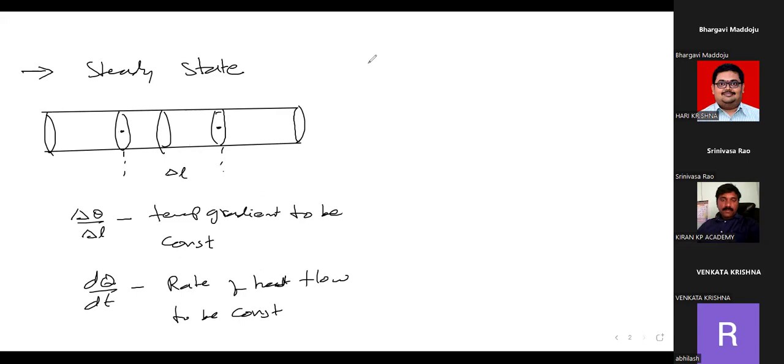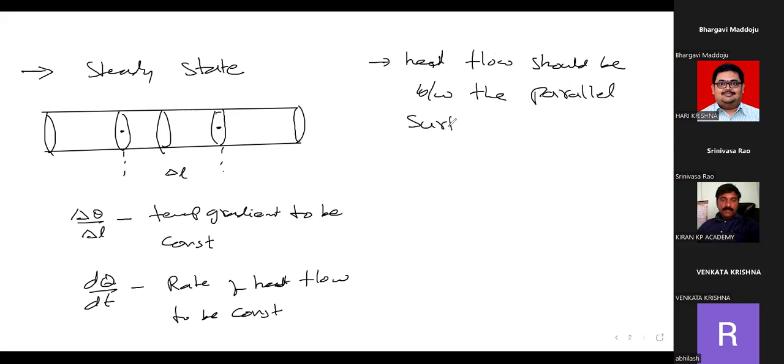Next, laterally there should not be any heat flow. The heat flow should be between the two parallel surfaces. These are the conditions for the steady state.